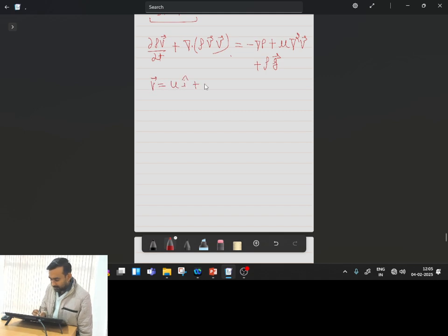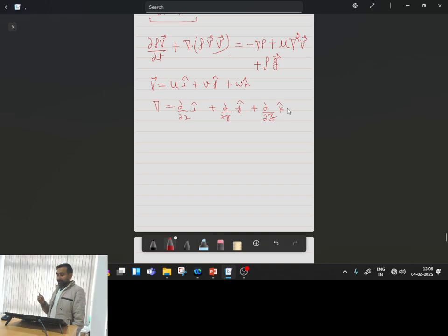U i cap plus V j cap plus W k cap. Del will be del by del x i cap plus del by del y j cap plus del by del z k cap. Now if you see the first term, what will you get?